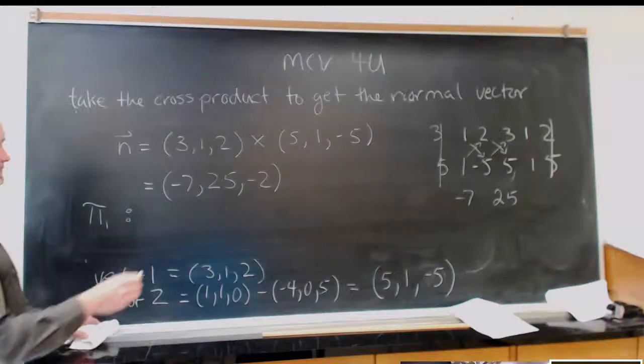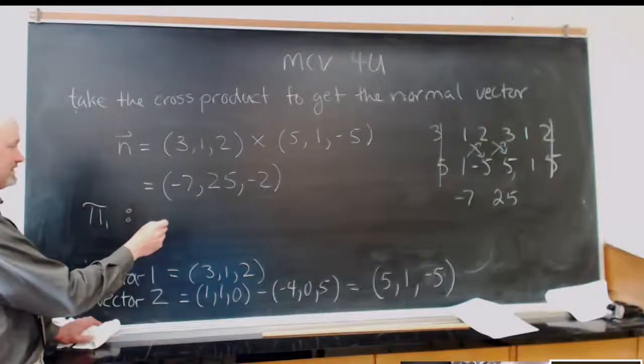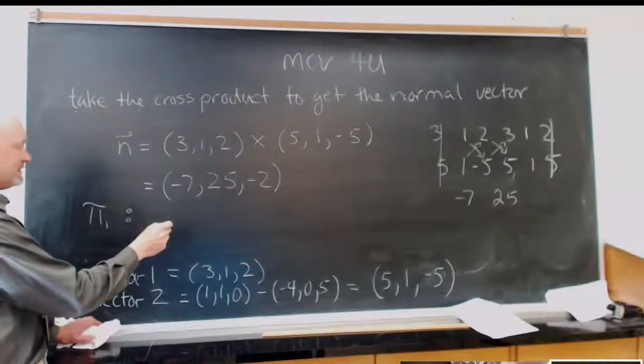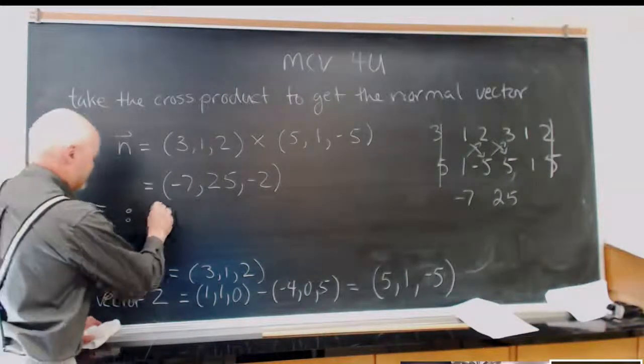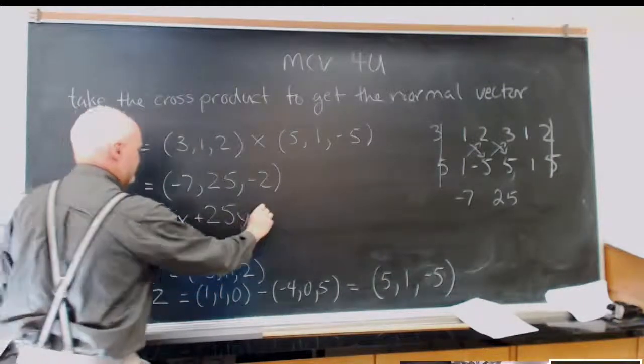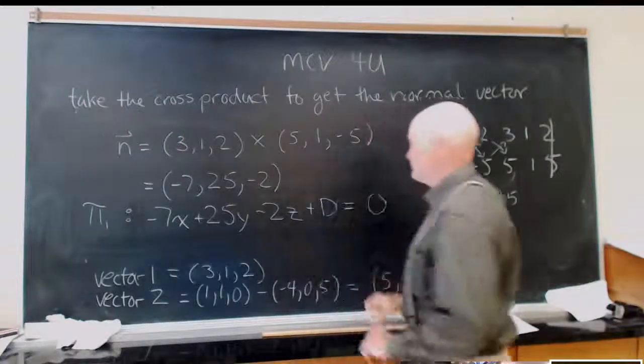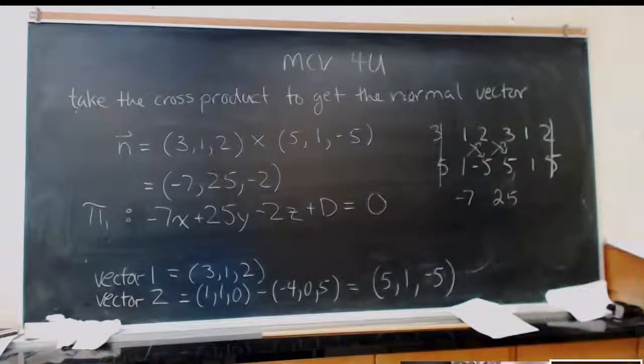And you can kind of cheat because you already have the a, b, and c values. Exactly. And then you can just find d by subbing in x, y and z values. That's right.